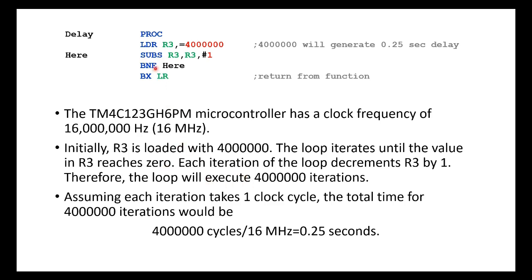Now, assuming each iteration takes 1 clock cycle, the total time for 4 million iterations would be 4 million cycles divided by 16 megahertz. That will give us 0.25 seconds. So the whole delay subroutine will last approximately 0.25 seconds.